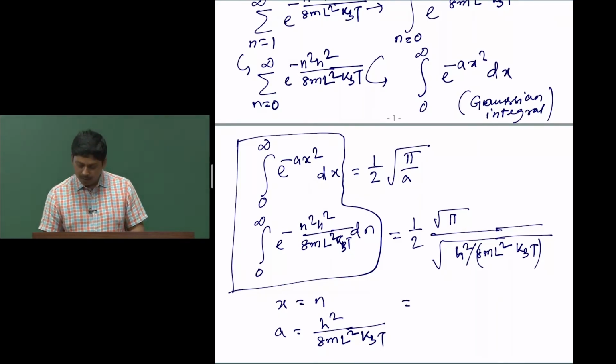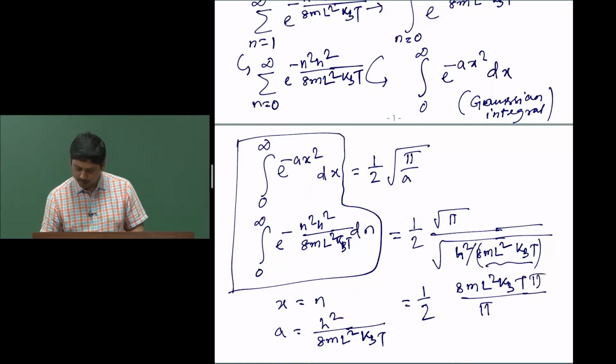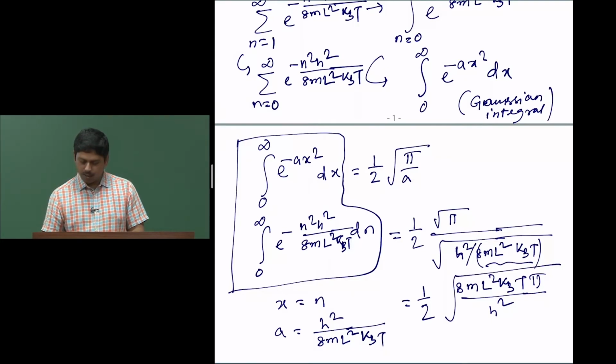Now, which means that I get half, this term will go in the numerator, it will become 8 m l square KBT by pi, no, pi will be in the numerator itself, it will be h square. Anything else I am missing? 8 m l square KBT pi, and the whole root will come.